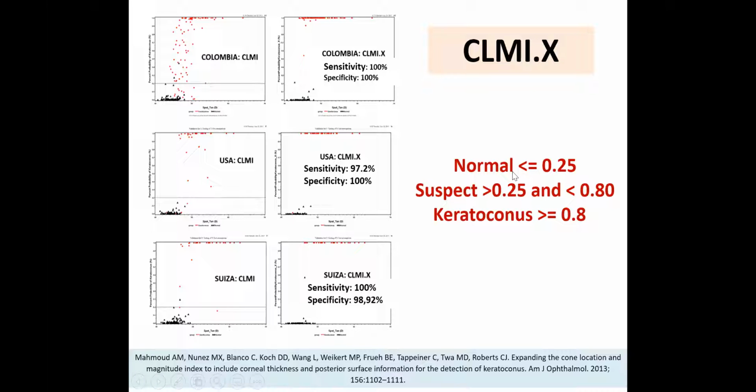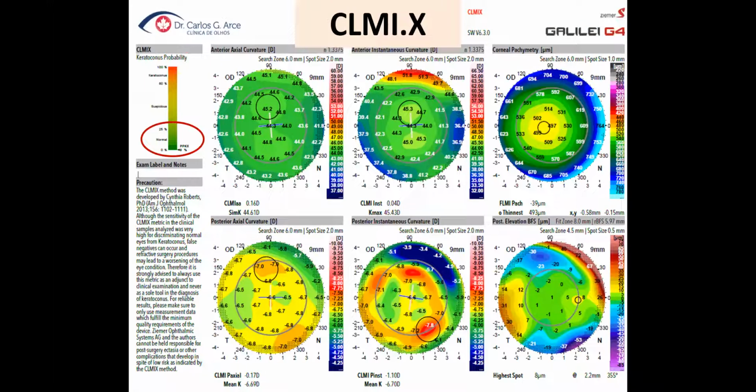The normal will be a cornea with less than 0.25, suspect between 0.25 and 0.80, and keratoconus with more than 0.80. This is the representation of a display with 6 maps: anterior axial, posterior axial, anterior instantaneous, posterior instantaneous, pachymetry map, and posterior best fit sphere elevation map.